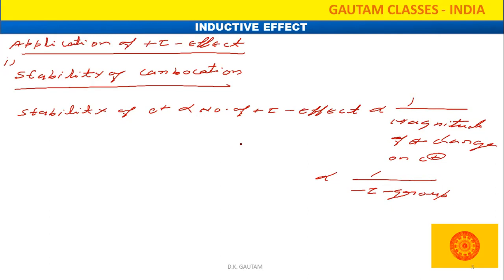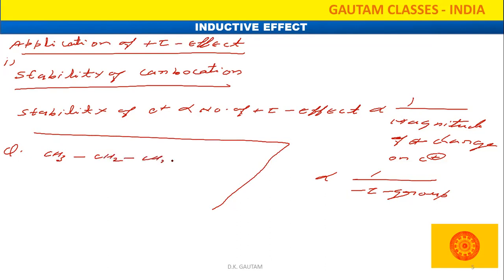If this is clear in your mind, you can easily solve whatever type of question comes based on it. So I am giving one question. Suppose this is given: CH3, CH2, and here CH2 plus. This is the first. Second one, CH3, CH3 and CH2 plus.